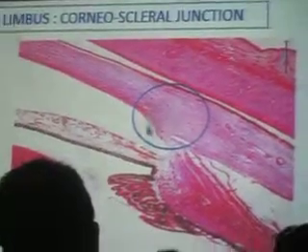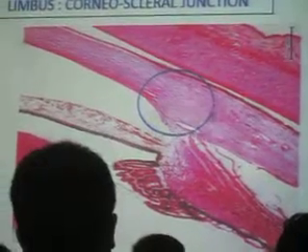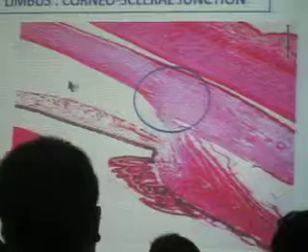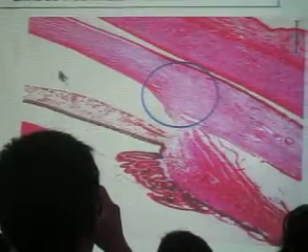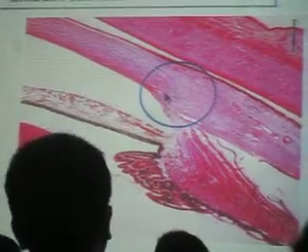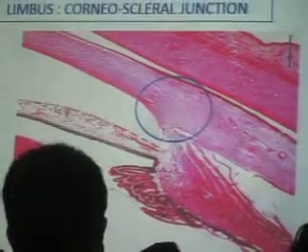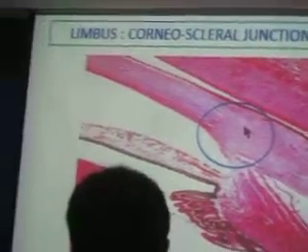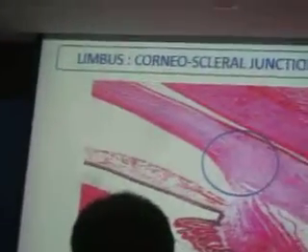The fibers will degenerate with the sclera here, and this area is important because this will be the area for the drainage of the fluid, your aqueous humor. Okay, we'll go to that later. So again, this is the area of the limbus, or characteristically the junction between your sclera and the cornea.